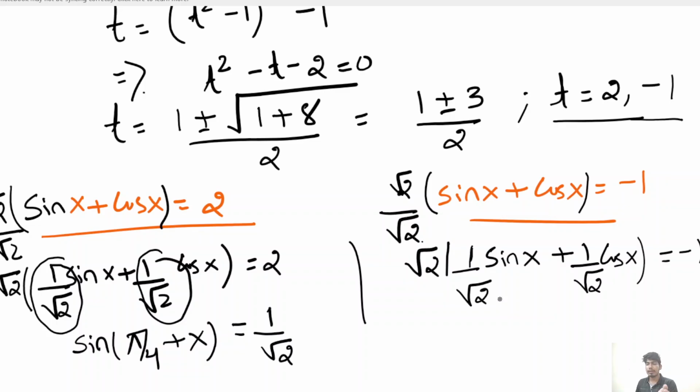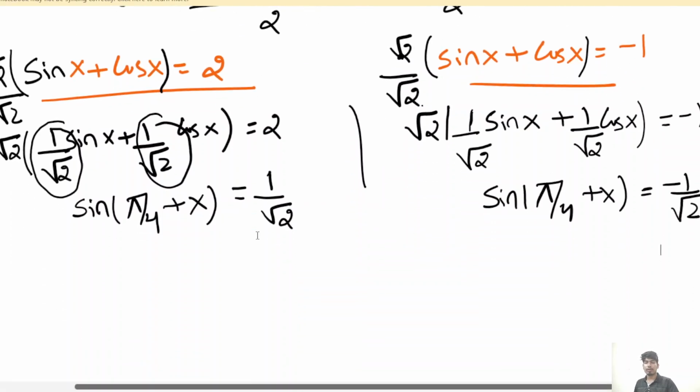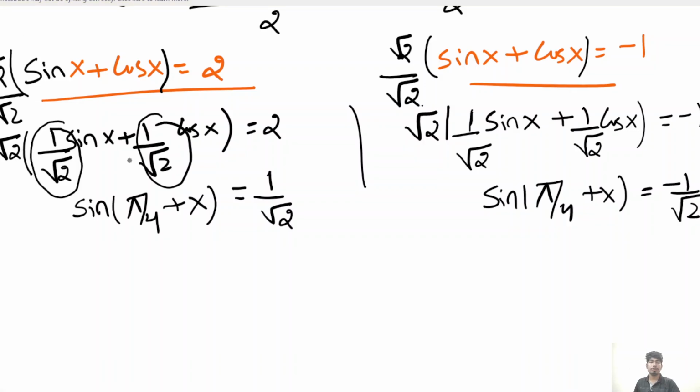Similarly here, we get sine of pi by 4 plus x equal to minus 1 upon root 2. Wait, this is not 1 upon root 2, this is root 2 only, because 2 divided by root 2 gives root 2.